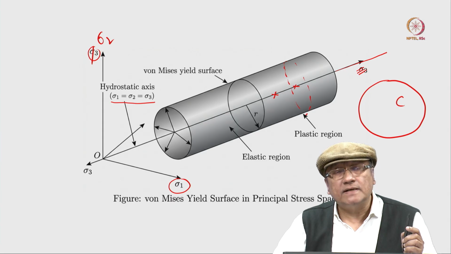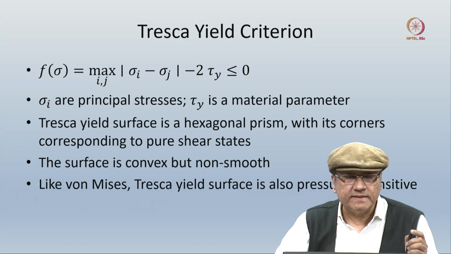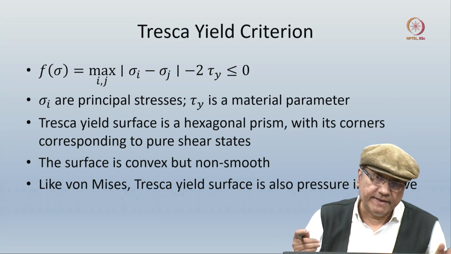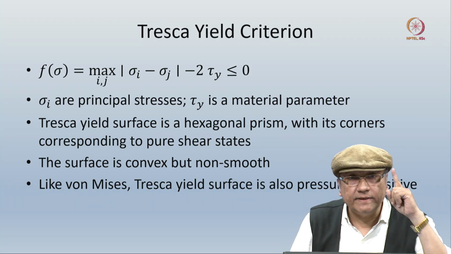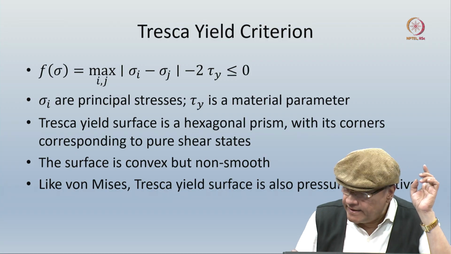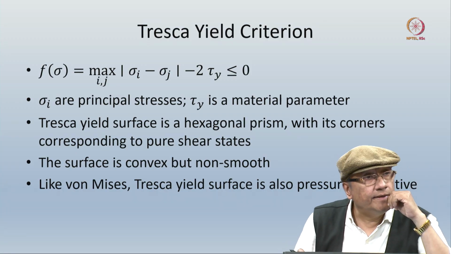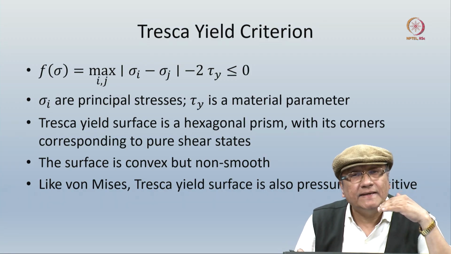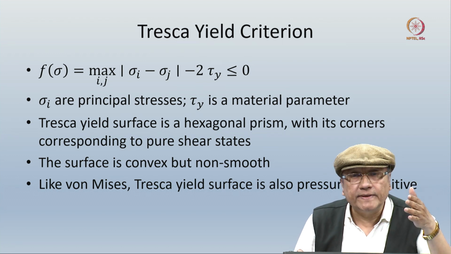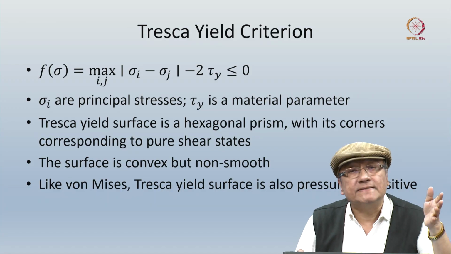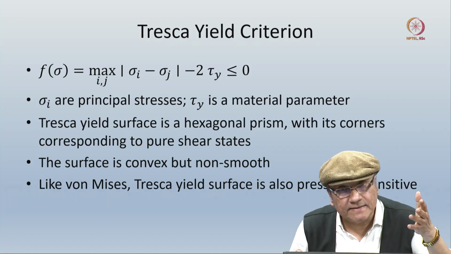Now it turns out that the von Mises plasticity is not adequate in many cases. What is important to understand here is that in many cases you actually have multiple mechanisms at the microscopic level which drive plasticity.